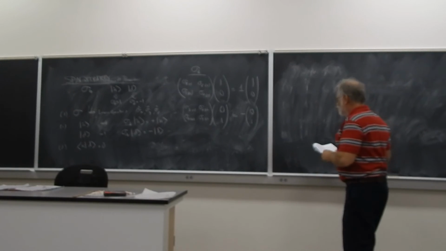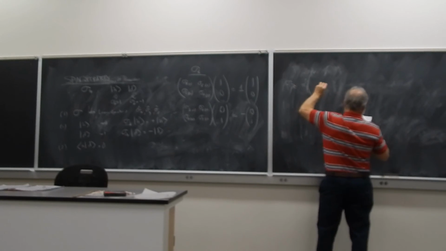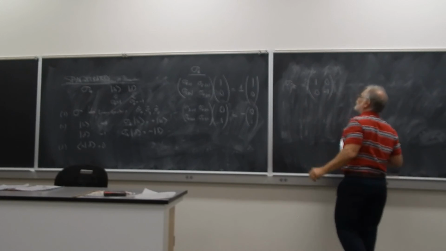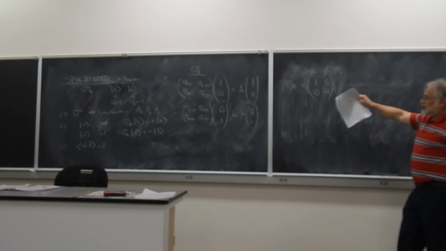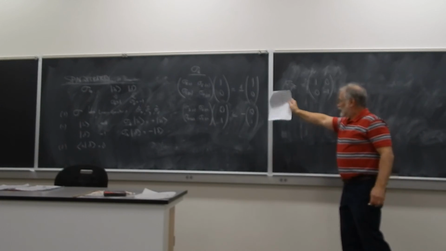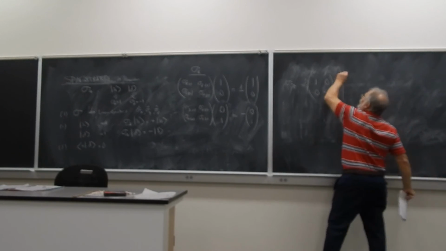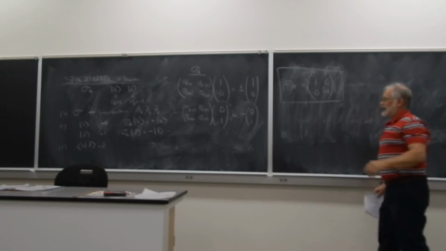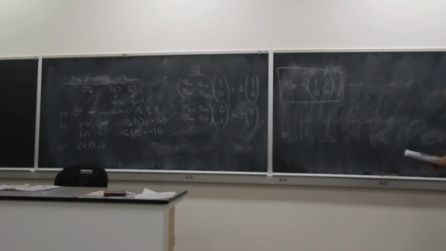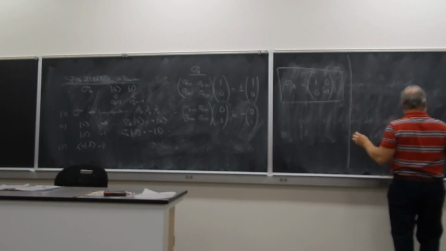The only way for that to work is if operator sigma z is the matrix (1, 0; 0, -1). That's the only one where if I multiplied ket (1, 0), I would get (1, 0), and if I multiplied ket (0, 1), I would get minus (0, 1). I could multiply it all out and solve it simultaneously, but I don't want to right now. Let's do the same thing for sigma x.